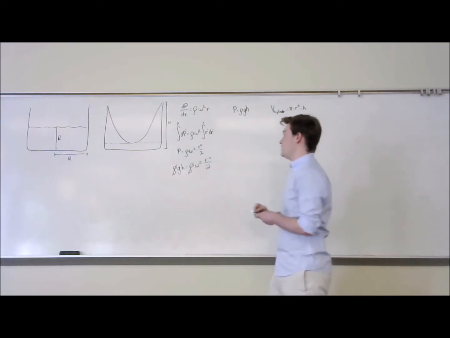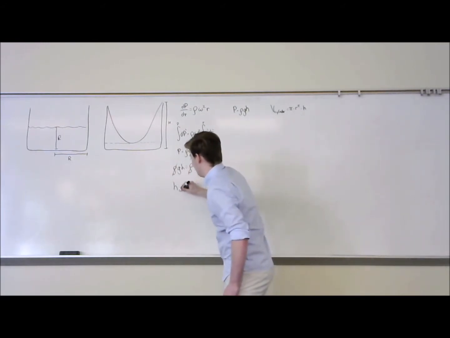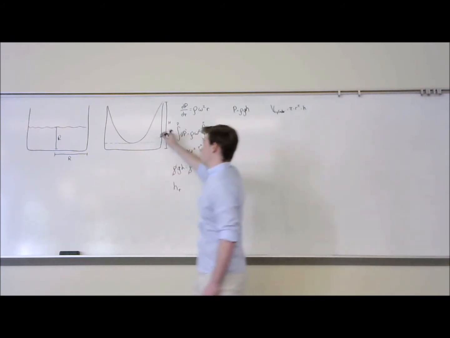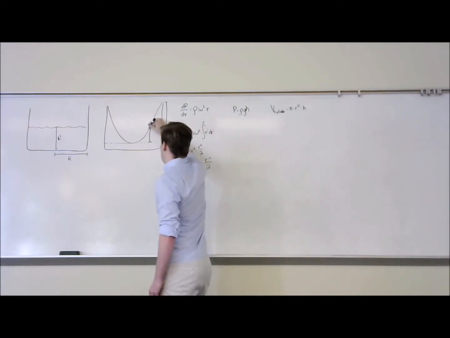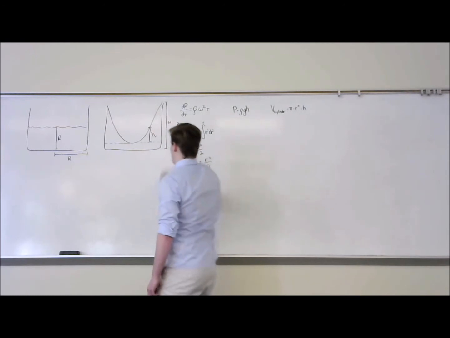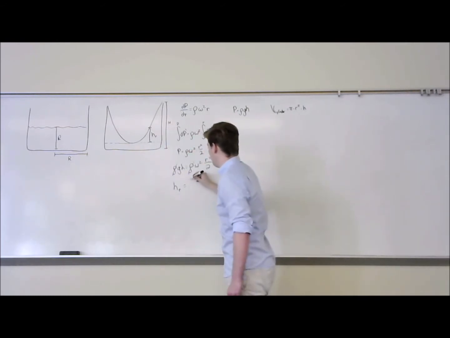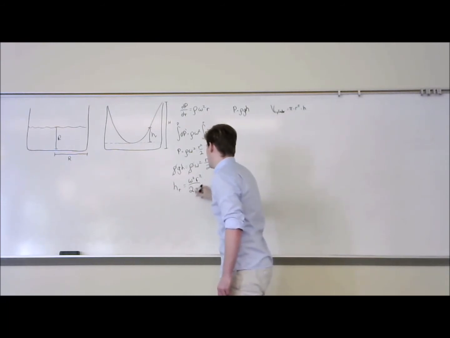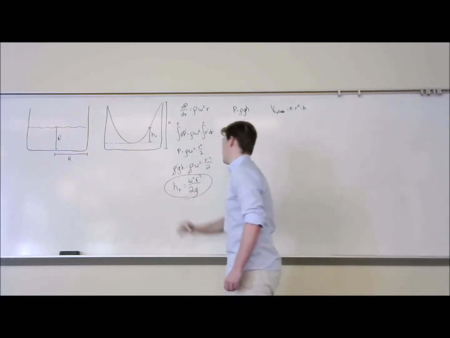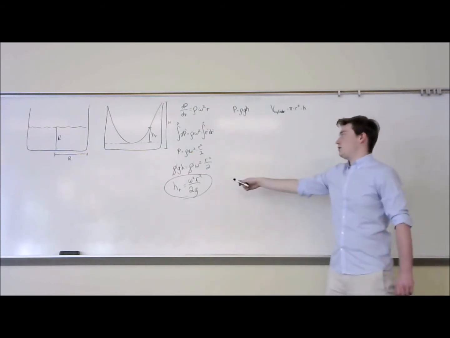Then if we move the g over, we get h in terms of r. Our height in terms of our radius is going to equal omega squared r squared over 2g. We're going to use this equation pretty soon.